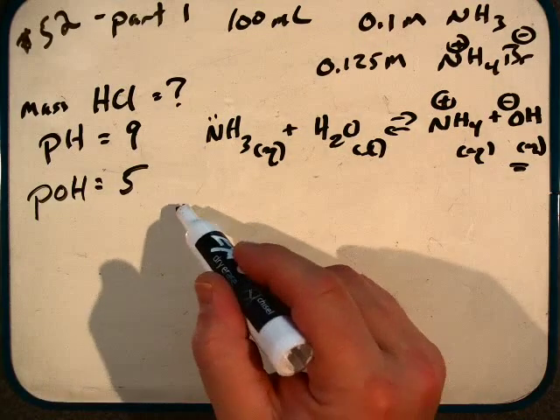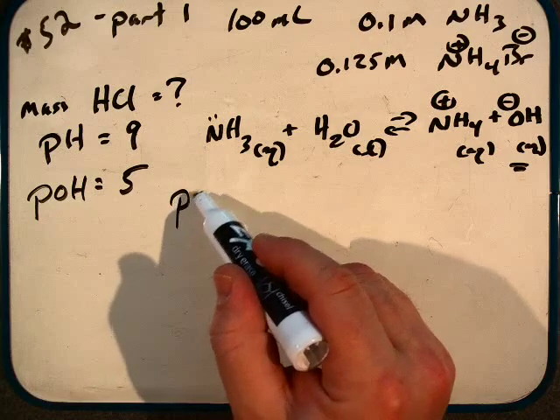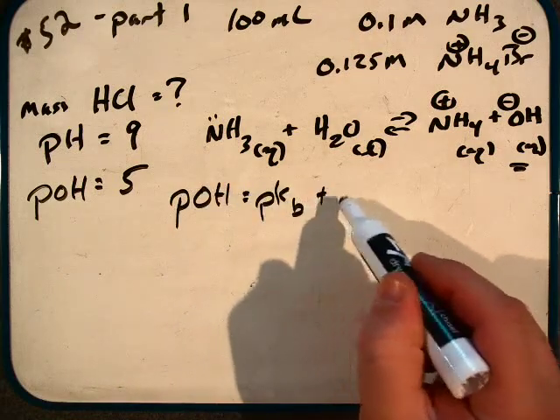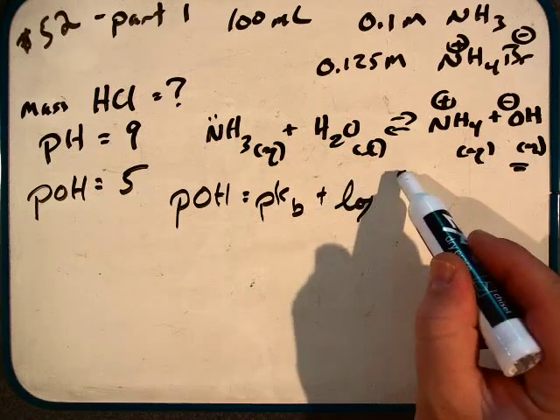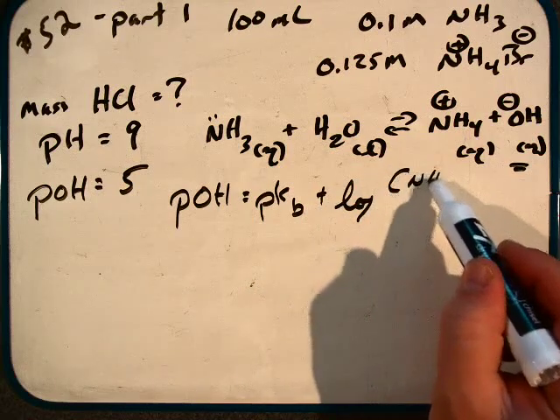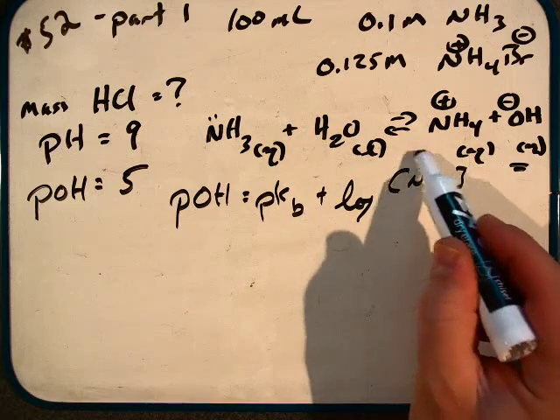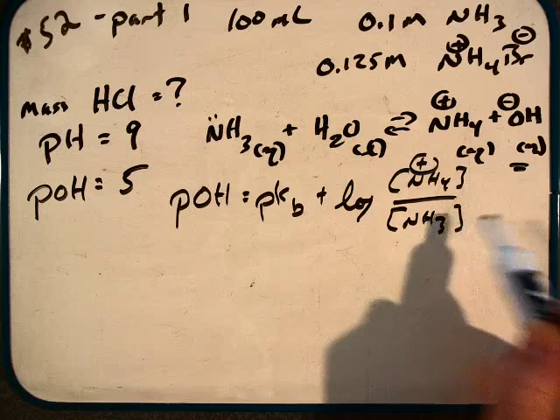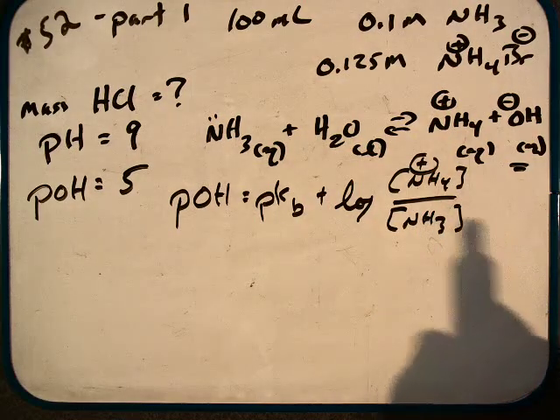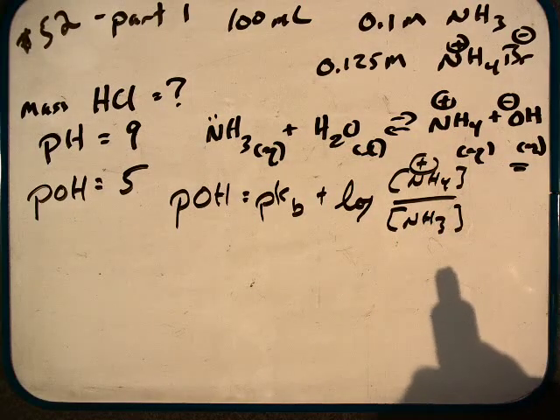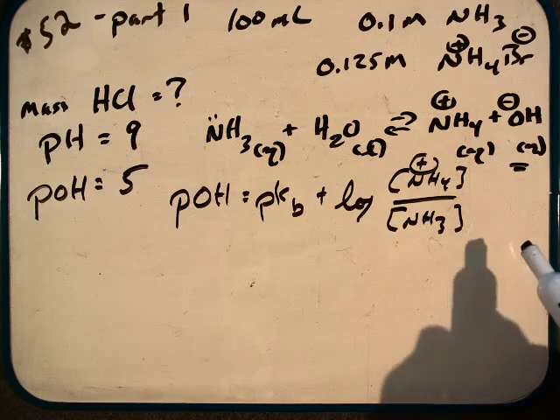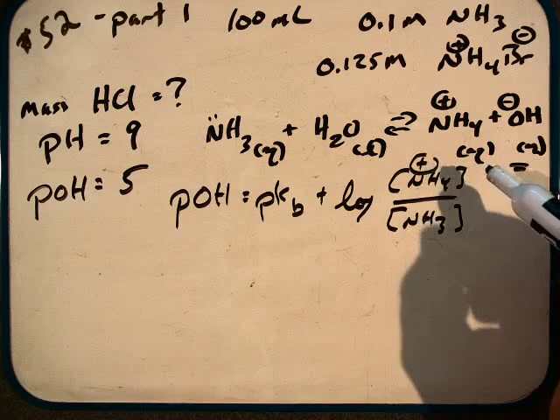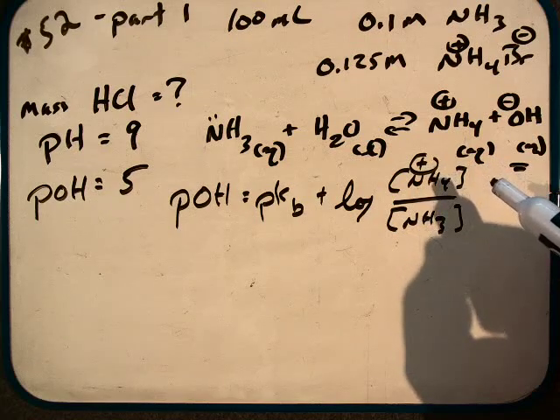If we look at the Henderson-Hasselbalch equation, our pOH is equal to our pKb plus the log of our conjugate, in this case ammonium, over our parent, ammonia. And so we can rearrange this equation to solve for this new concentration of NH4.